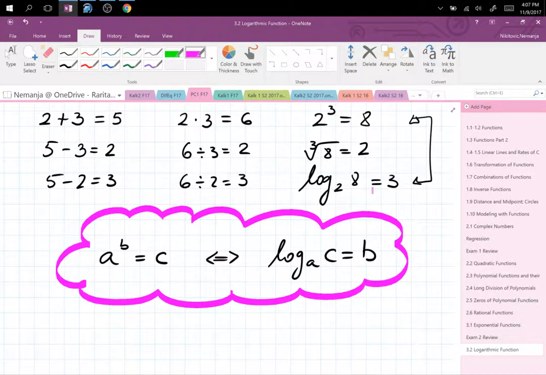Because those two bases take up about 99% of applications and everything else in sciences, people don't bother programming calculators to compute log base 2 of 8 because it's unnecessary.